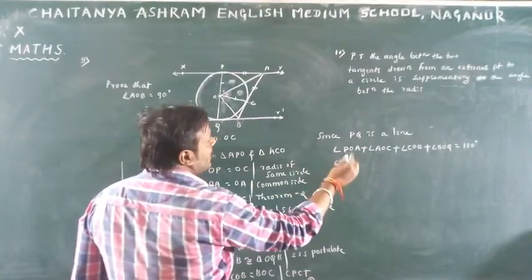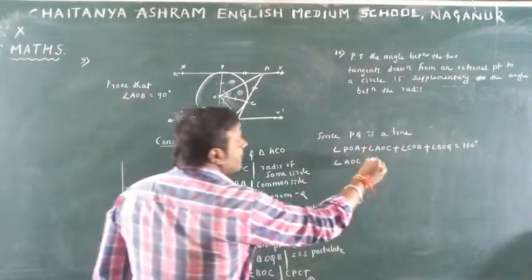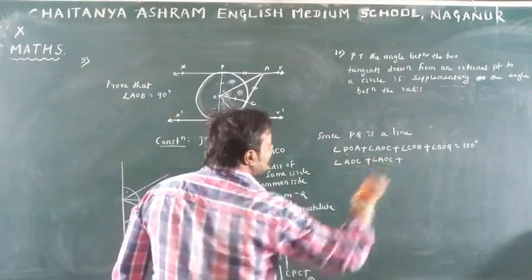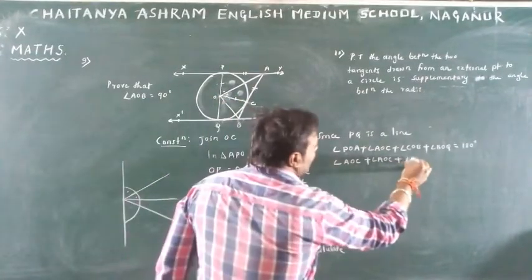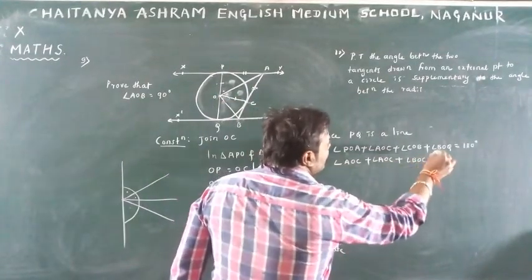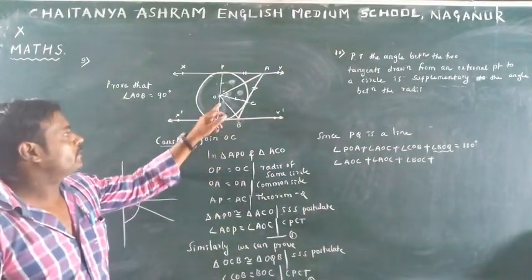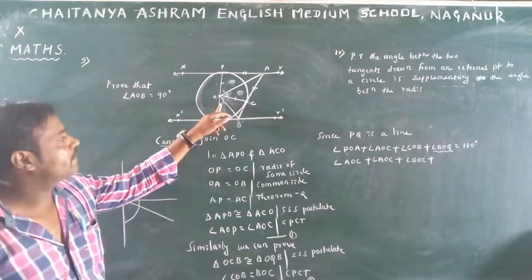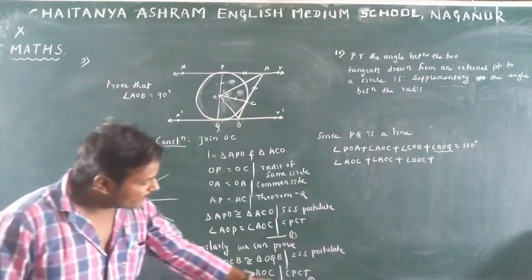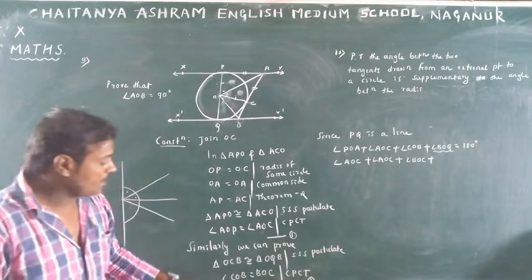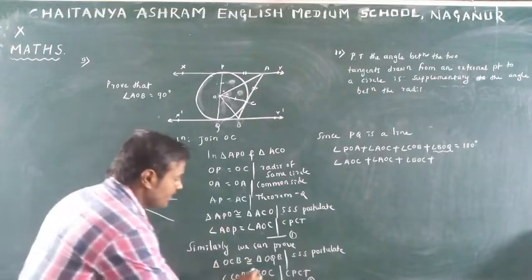So instead of this I will write angle AOC, plus angle BOC as it is, plus, instead of this angle BOQ, I would like to write angle BOC, because we proved in result number 2 that angle BOQ is equal to angle BOC.